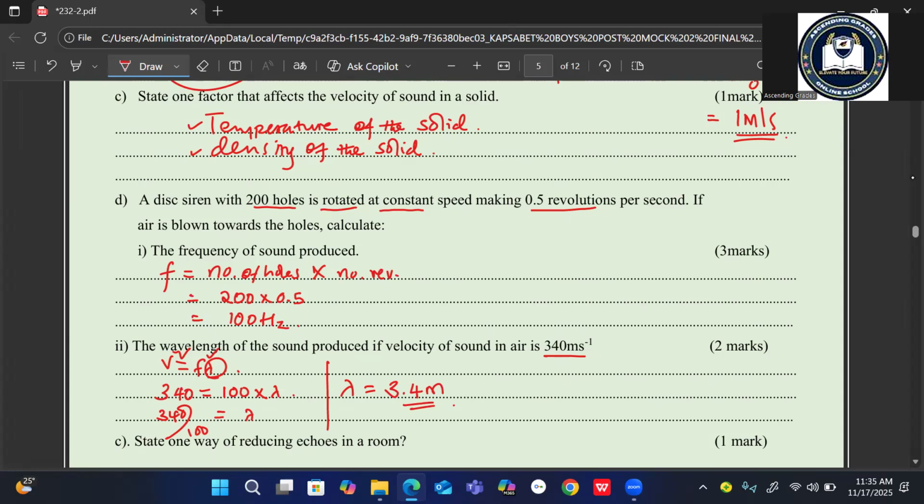Then part (b), state one way of reducing echoes in a room. Echoes in a room are produced as a result of reverberation.